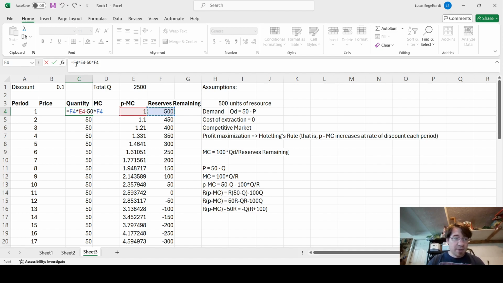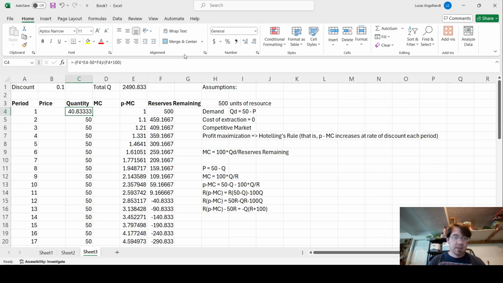Then we'll take that whole thing, we'll divide it by the amount of reserves plus 100, right? And then we'll put a minus sign in front of it. So this is what the formula would tell us.